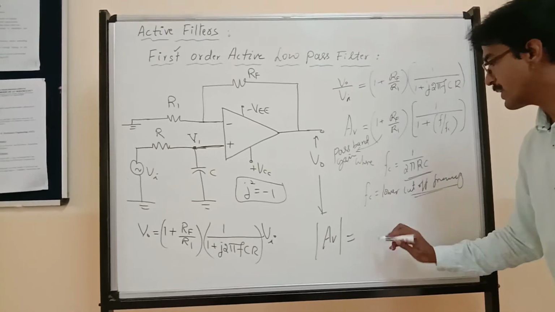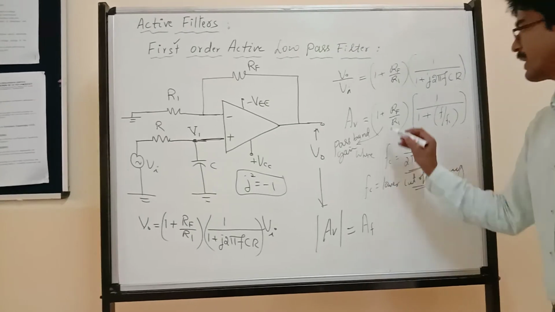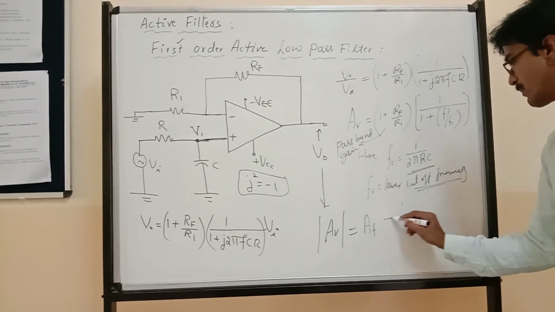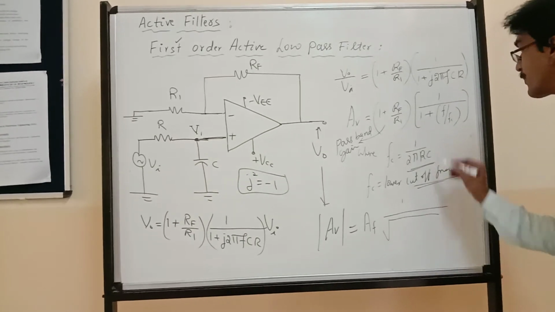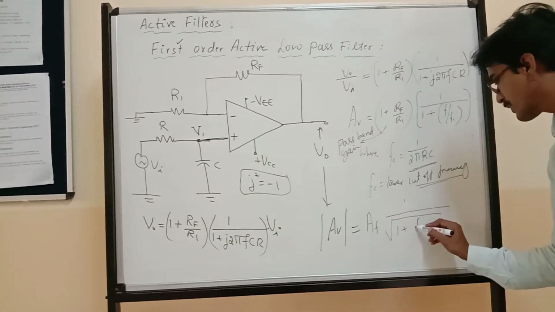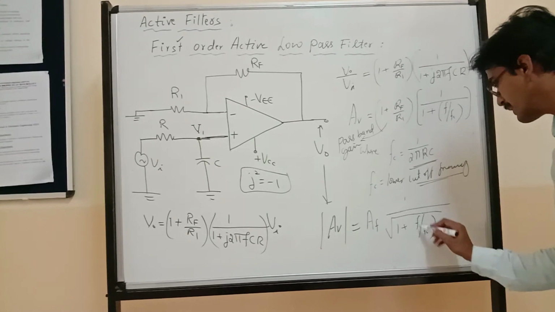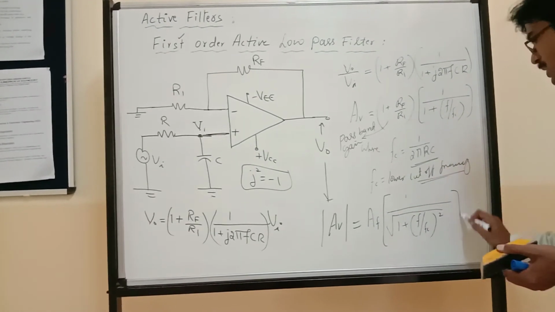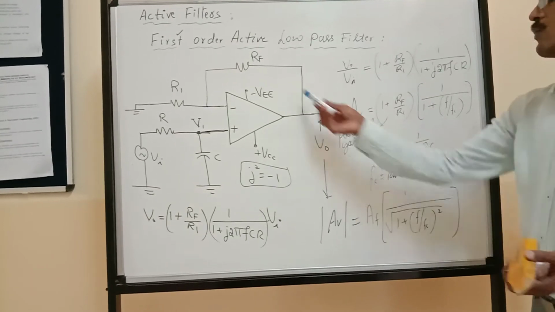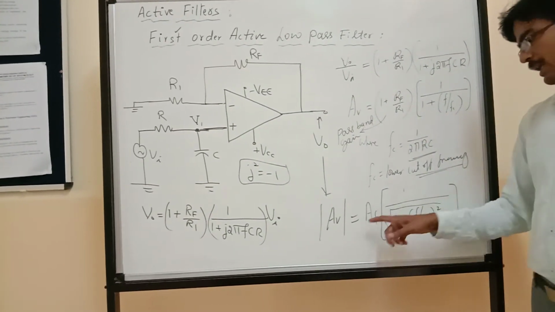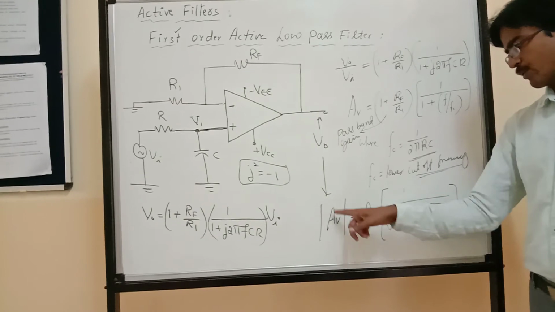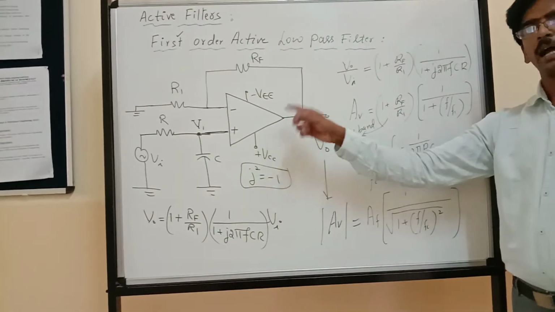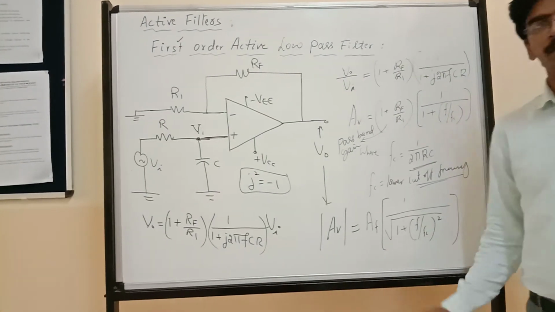Represent this as AF, where AF represents pass band gain, into 1 divided by root of 1 plus f by fc whole square. So this is the magnitude of gain for this circuit. Considering this magnitude of gain expression, I am going to prove that this acts as a low pass filter.